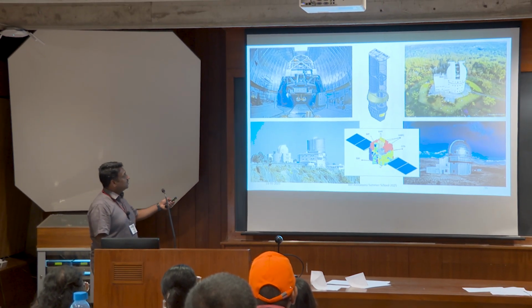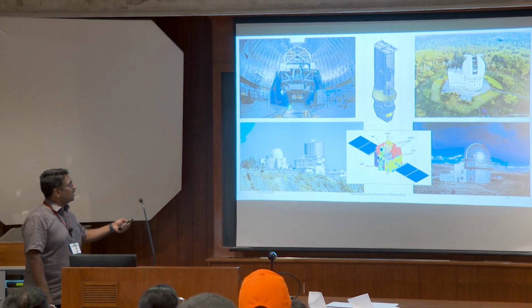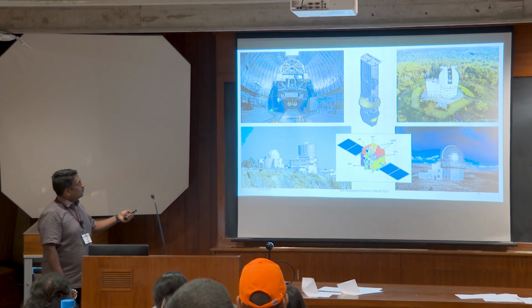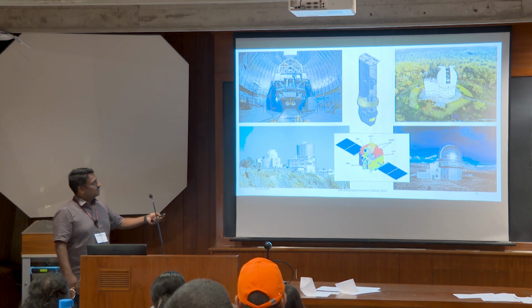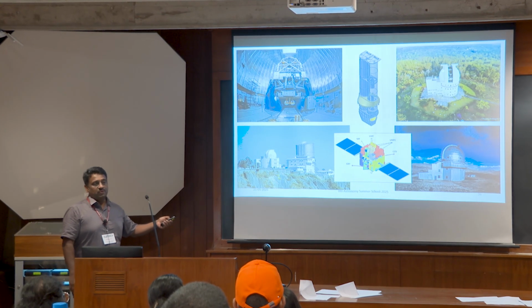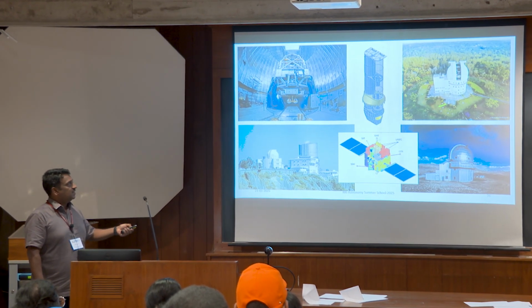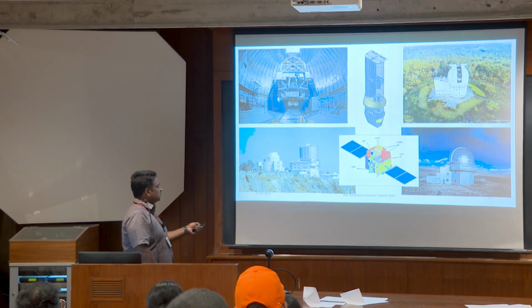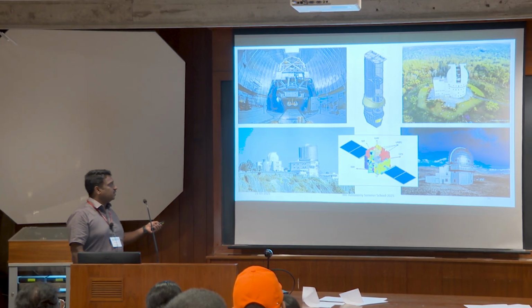So these are some of the telescopes that we have. This is in Nainital, which is a 3.6-meter telescope. This is the Vainu Bappu telescope, which is a 2.3-meter telescope in Kavalur, nearby. This is Guru Shikhar. This is a 1.2-meter telescope.